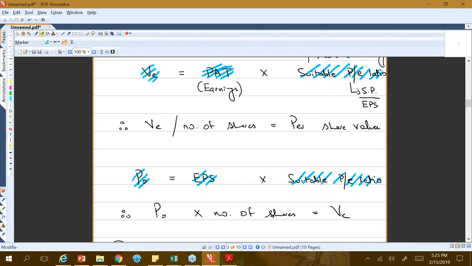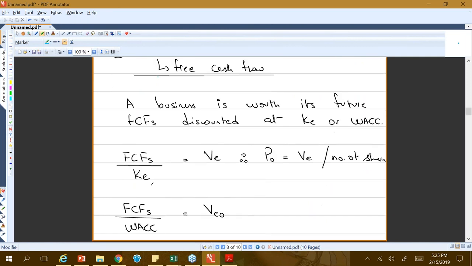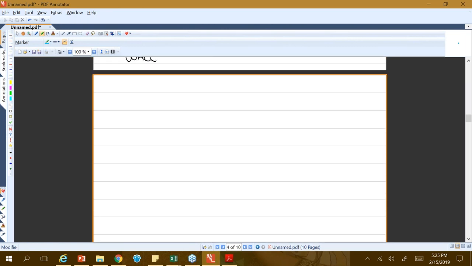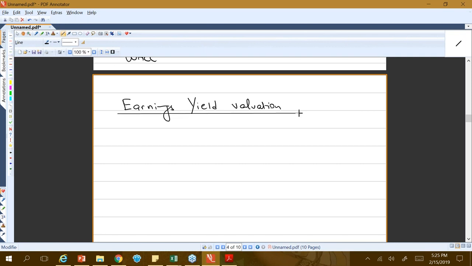Okay. Any more questions here? Now, there was another question here that, can you tell us something about earnings yield? Yes, earnings yield valuation is pretty much still part of the PE valuation. And what you need to know here is that earnings yield is the inverse of PE ratio.